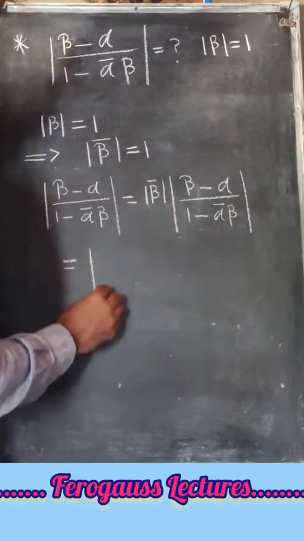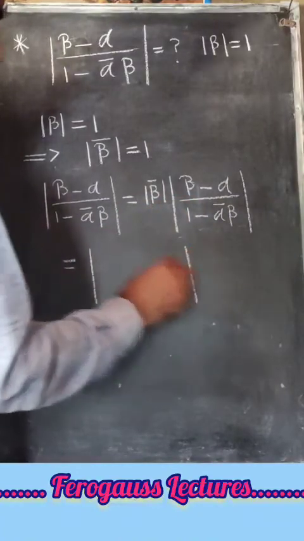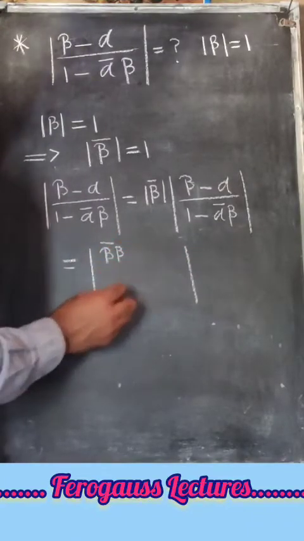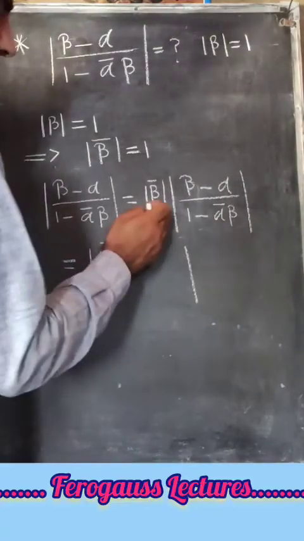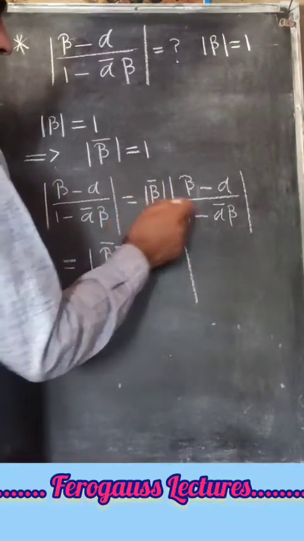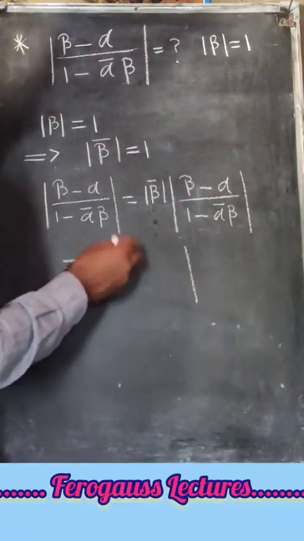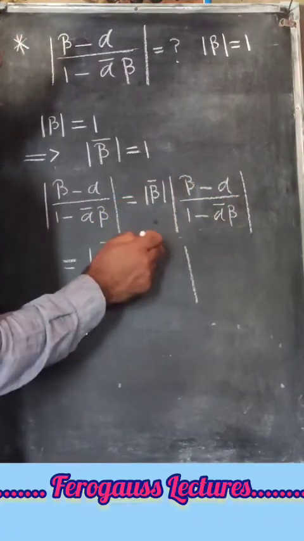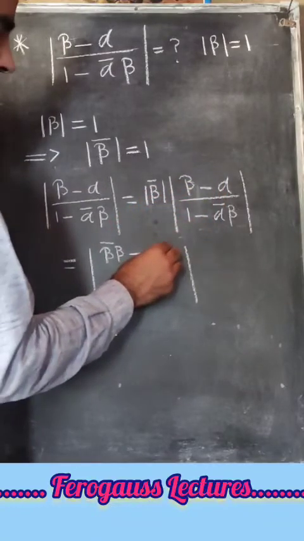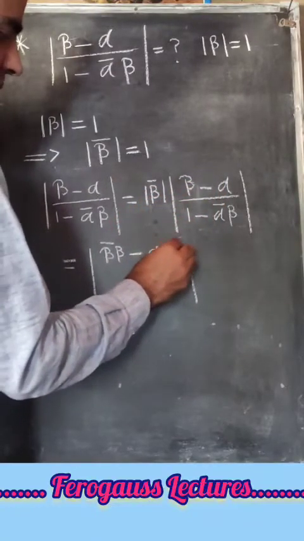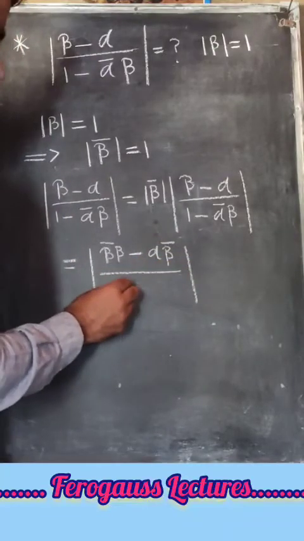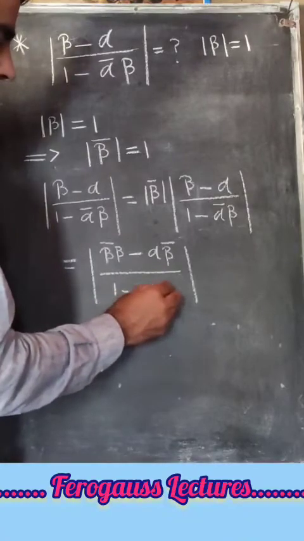Or we can write it as mod of beta conjugate beta, by taking the same modulus for this complex number and this complex number. So we can write beta beta conjugate minus beta conjugate alpha, or alpha beta conjugate, divided by 1 minus alpha conjugate beta.